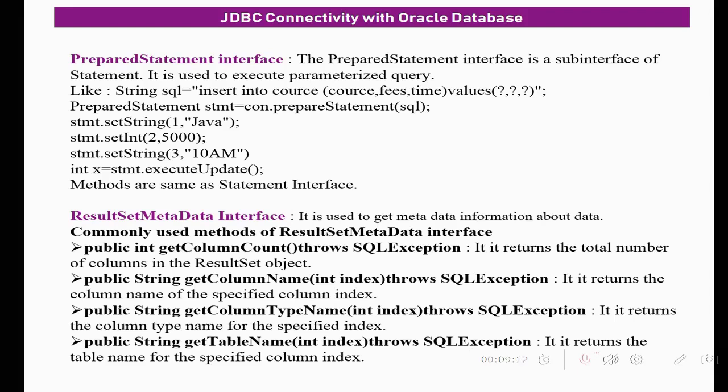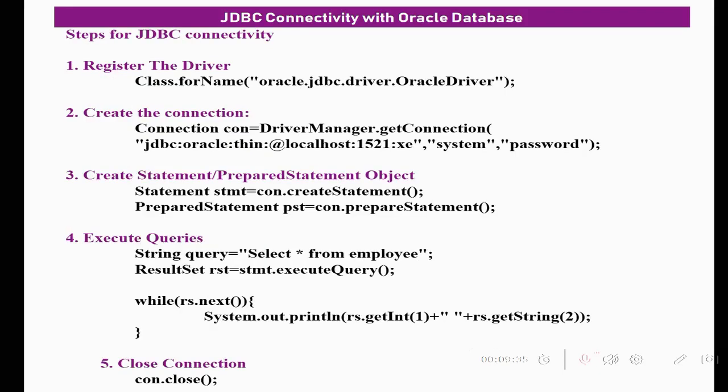It returns the column name of the specified column index. Next is public String getColumnTypeName. It returns the column type name for the specified index. Now public String getTableName. It returns the table name of the specified column index.